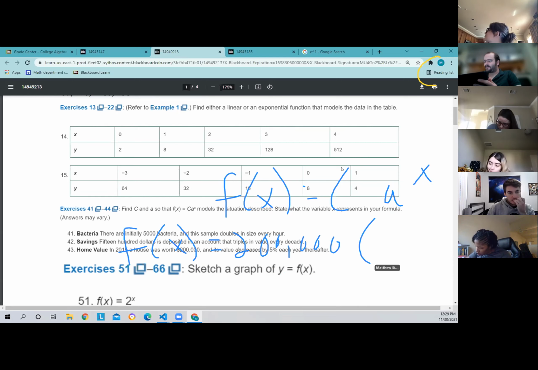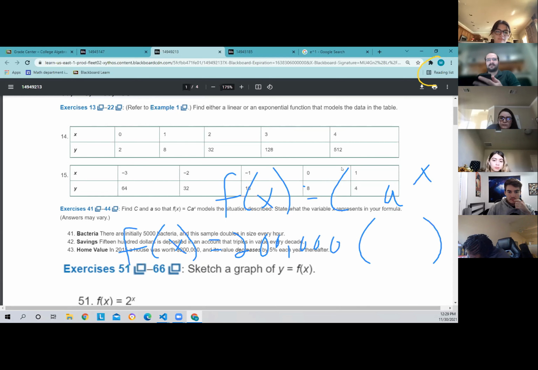And this is the part that might be a little tricky. If we're decreasing by 5%, what is the rate of change there? I'll give you a little hint. If we take 100%, we're taking 5% of it away. What are we left with? So 95.